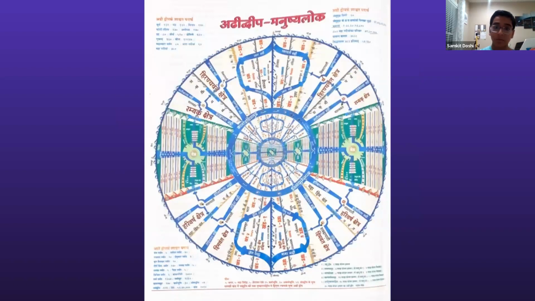So next, we zoom into the middle world or Madhyalok. This is a map of Madhyalok, and Madhyalok contains three islands, with the centermost being Jambudvip, which is where we reside right now. Jambudvip, at its very center, is Mount Meru, and surrounding Jambudvip is an ocean known as the Lavan Samudra.